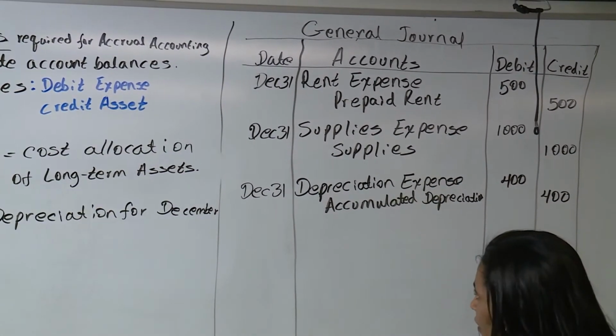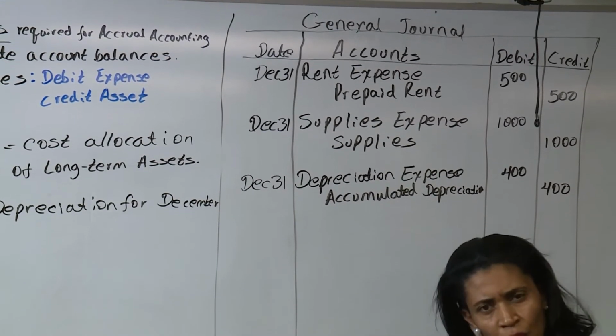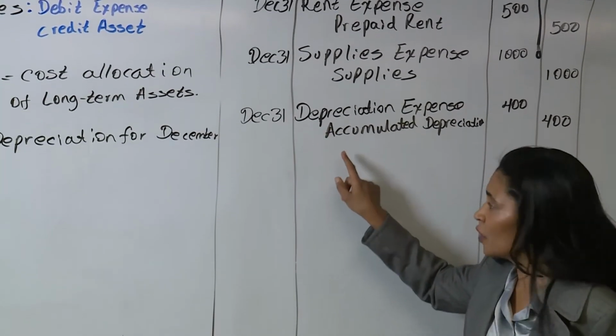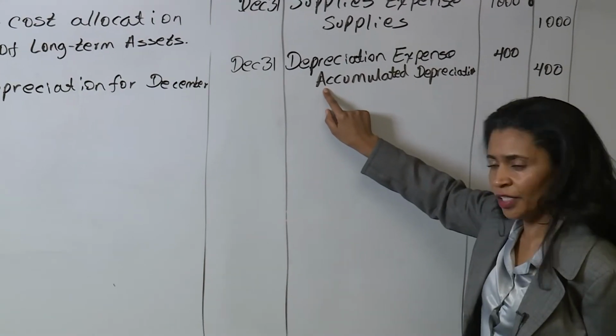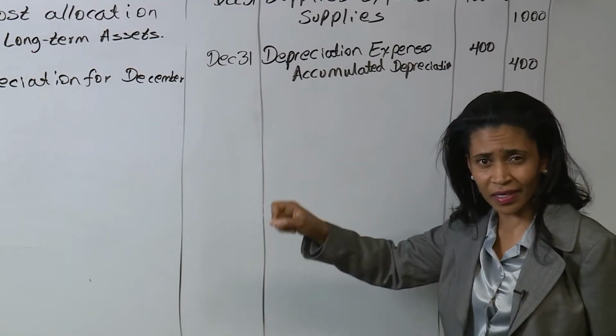Now, for depreciation, we always use these two accounts. We don't directly credit the asset account equipment.